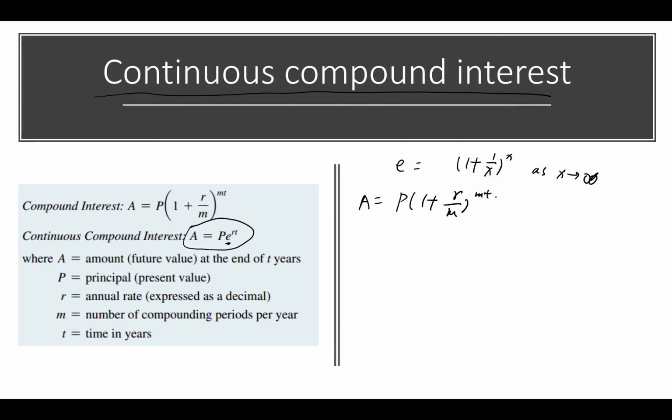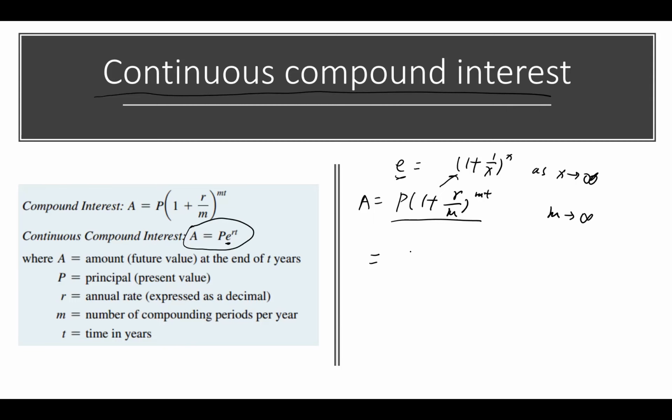So we want to express this expression in a way similar to this one. Right, so that's because if we can do this, then we can bring in the value of e. So now we know that m will go to infinity, right? Because now our compounding period becomes smaller and smaller, and we are compounding more and more.